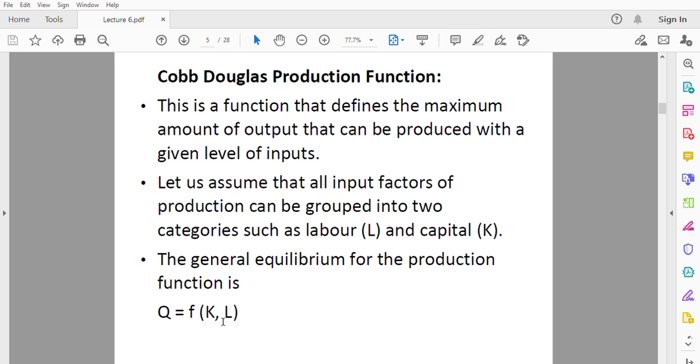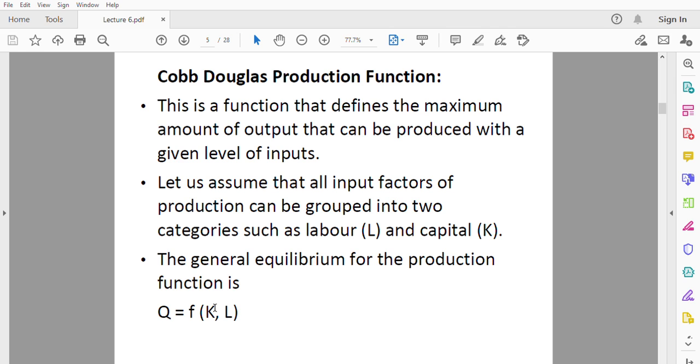So let us assume that all input factors of production can be grouped into two categories, labor and capital. The general form of the production function is that Q is a function of capital and labor.